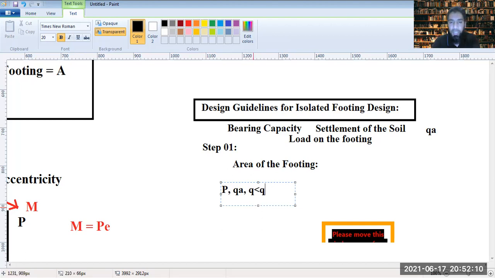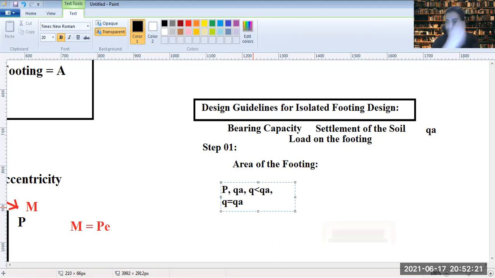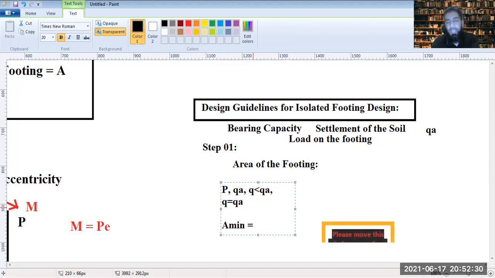If q is taken as QA, you get the minimum amount of area that you require.